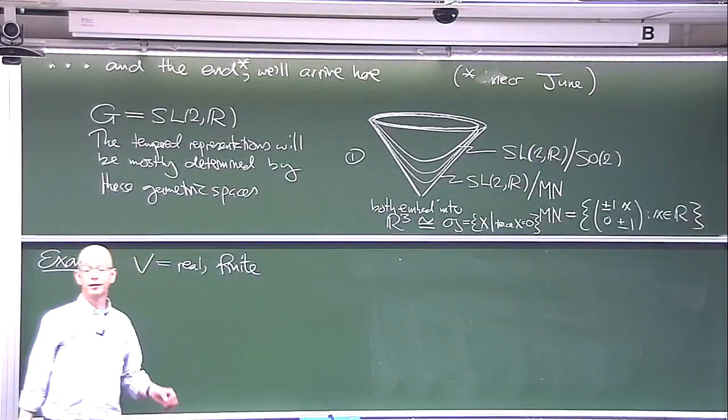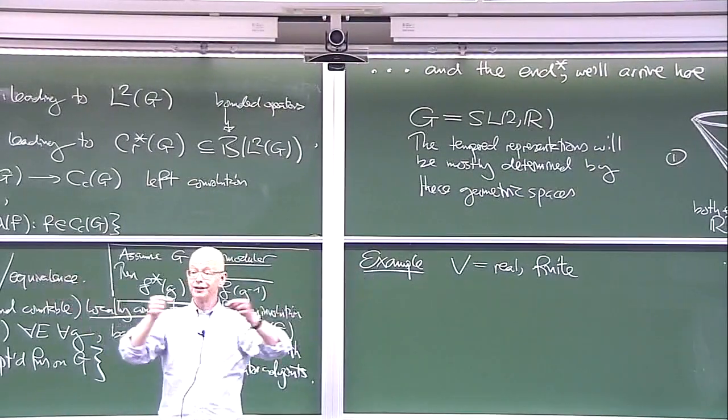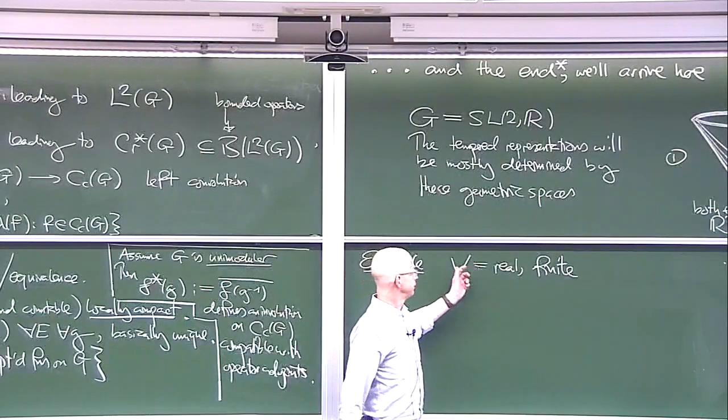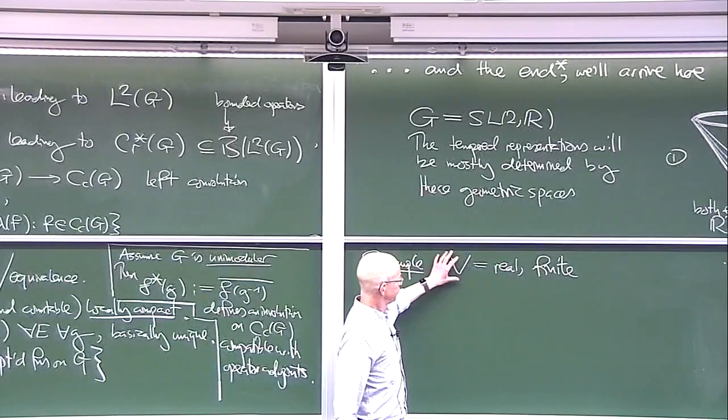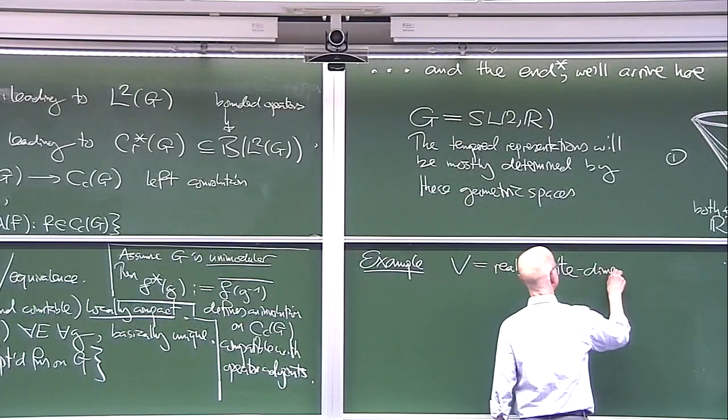In this example, I want to consider the abelian group, which is just the additive group of real numbers. But it's a little more satisfactory not to call this group R. Let's just take here any real finite dimensional vector space.